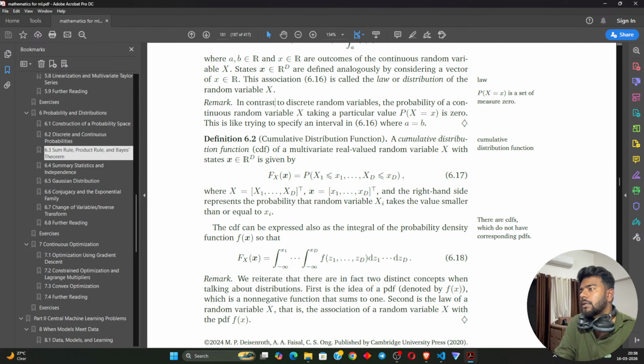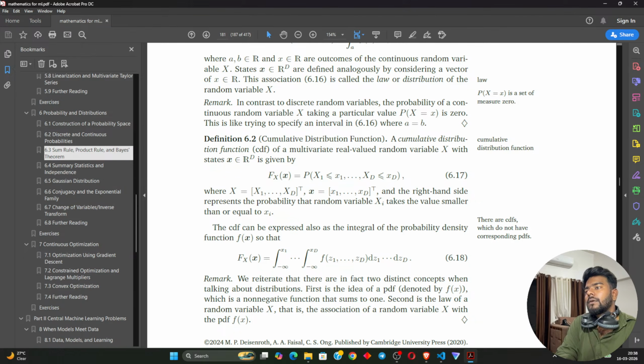The right hand side represents the probability that random variable Xi takes a value smaller than or equal to xi.